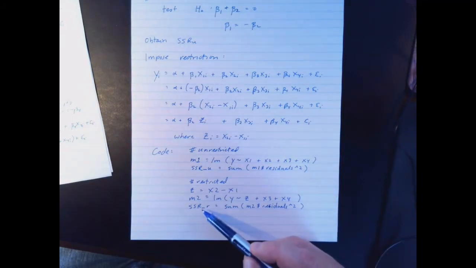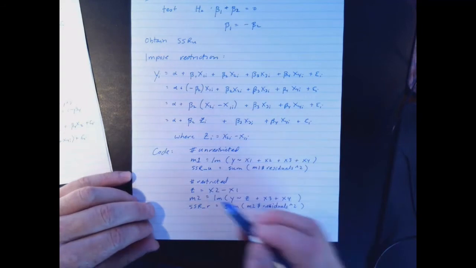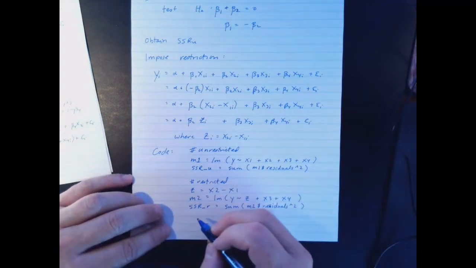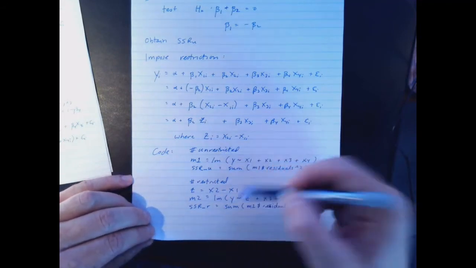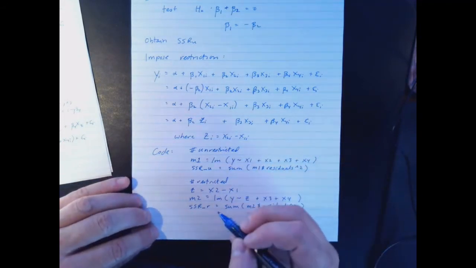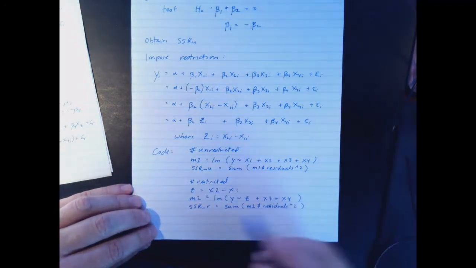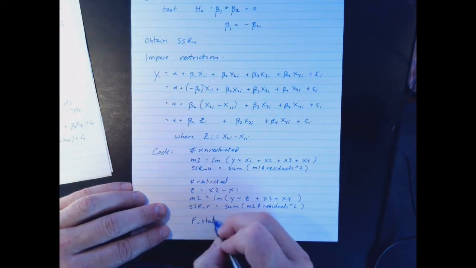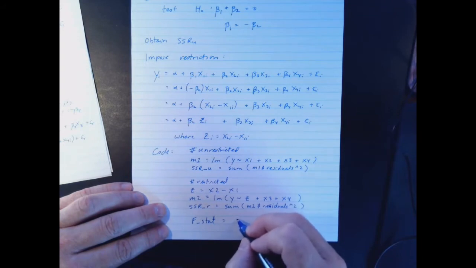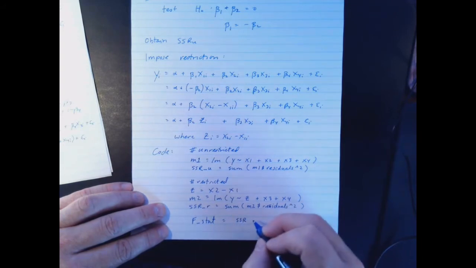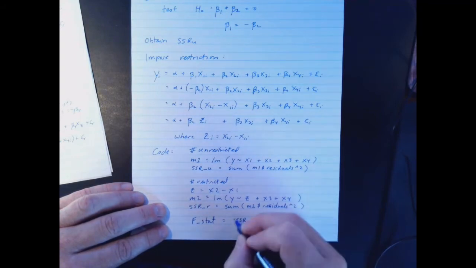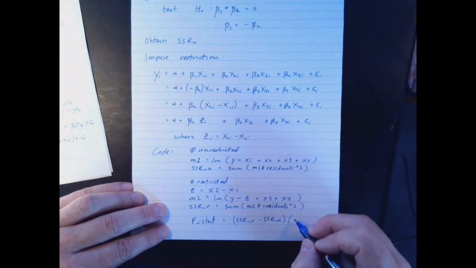So now we've got SSR U and SSR R, and then as long as you can calculate your degrees of freedom, the F stat will be SSR R minus SSR U over, and what have we got here?